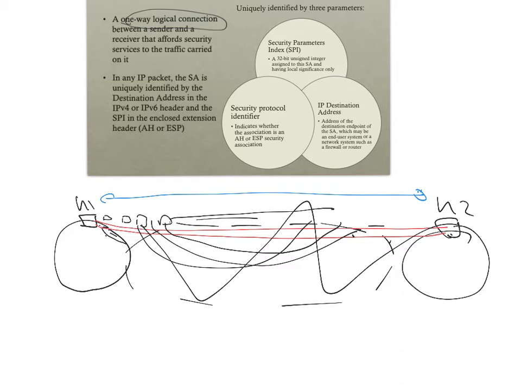Okay, another very important implication of the fact that IP is connectionless and unreliable is that the packets that are sent in order may not arrive on the other side in order, right? Because they follow different paths.